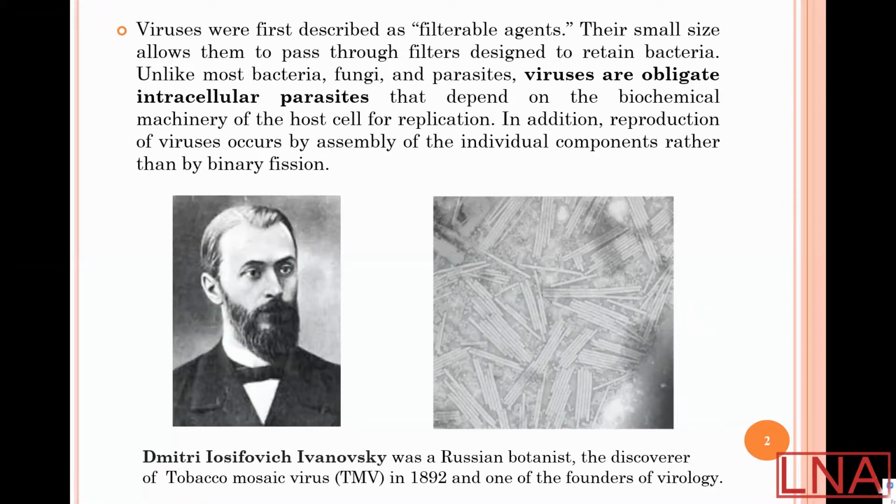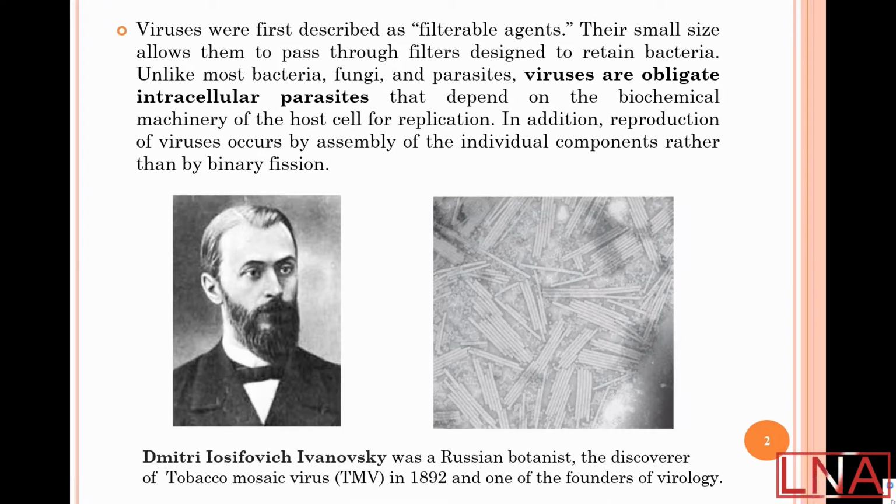So the viruses, as you know, are filterable agents, and they were first described as filterable agents because they are critically small, and the viruses can pass through the bacterial filter. It's exactly about how Dmitry Iosifovich Ivanovsky, a Russian botanist, discovered the first virus in the world. It was not a human virus, it was tobacco mosaic virus, and he discovered it in 1892.